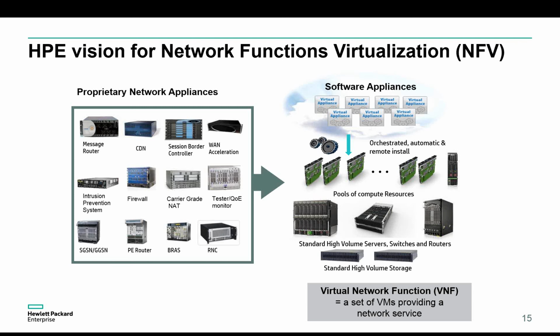But one of the inhibitors to making this move and beginning to deploy software network appliances revolves around the visibility of the connectivity and the ability to monitor the connectivity of these devices once they're deployed in the hypervisor. Typically, with traditional enterprise network management tools, you would start to lose visibility at the edge of the hypervisor, and you would not be able to visualize what's actually going on inside the hypervisor.